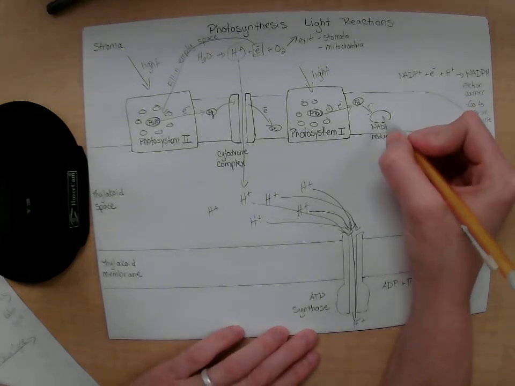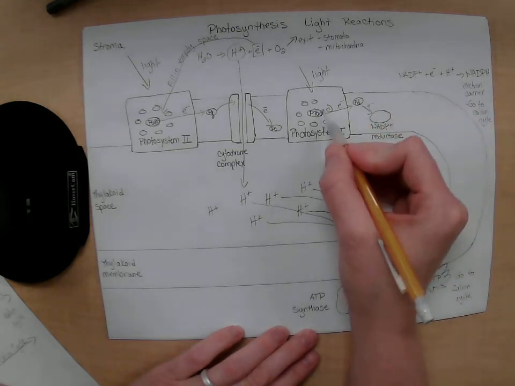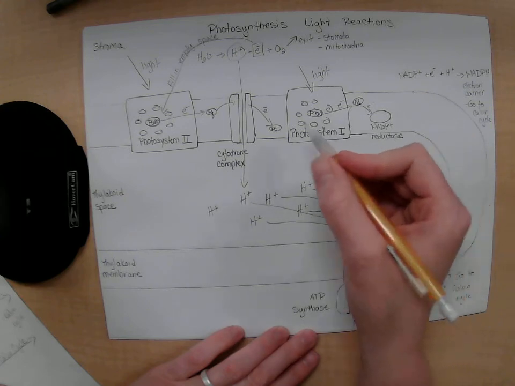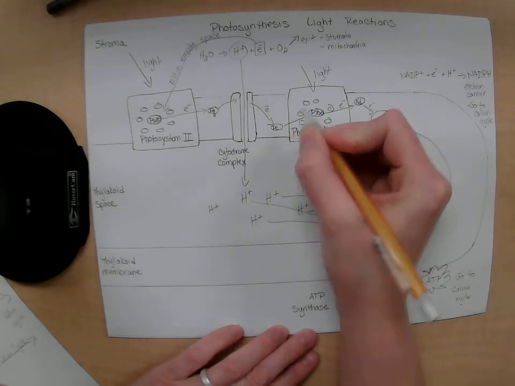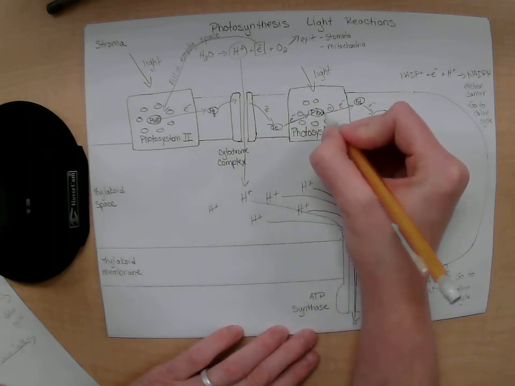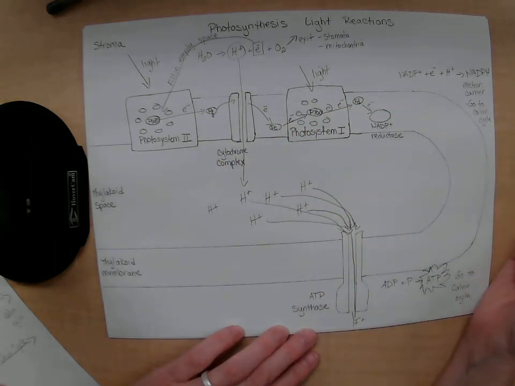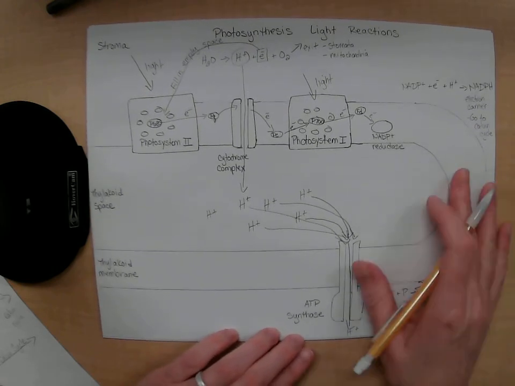So we have our electrons that left here, right? They left photosystem 1, and they're going to get filled in by the electrons that ultimately left photosystem 2. Those electrons are going to fill in that gap. So we call these electron transport chains.